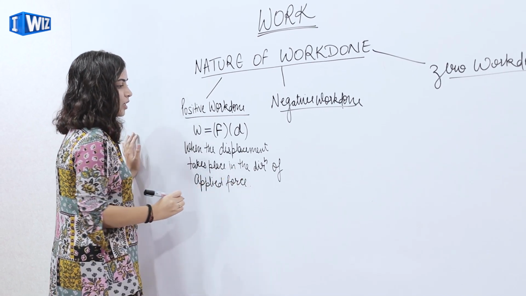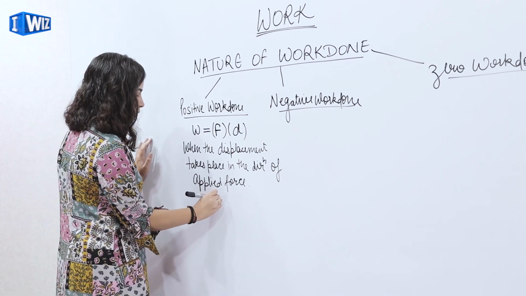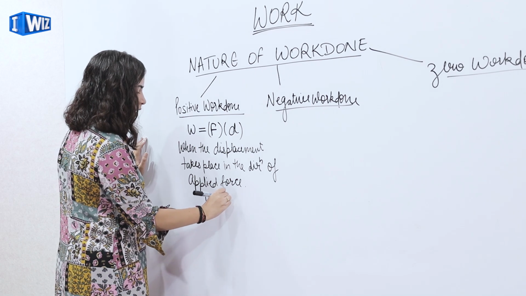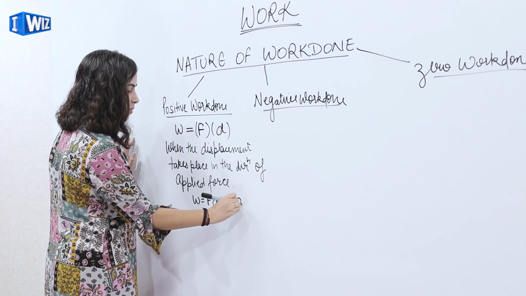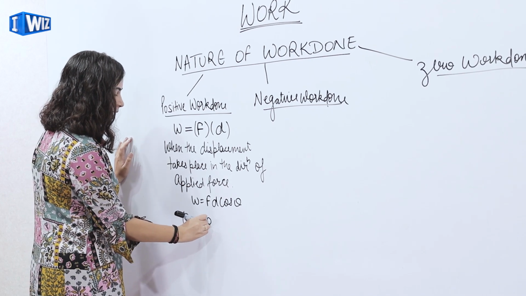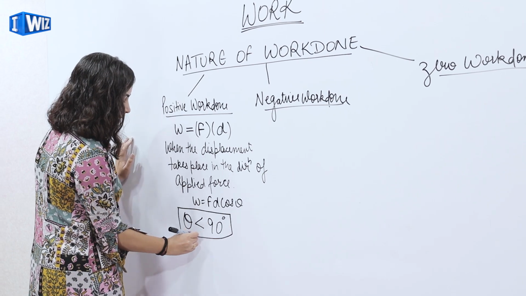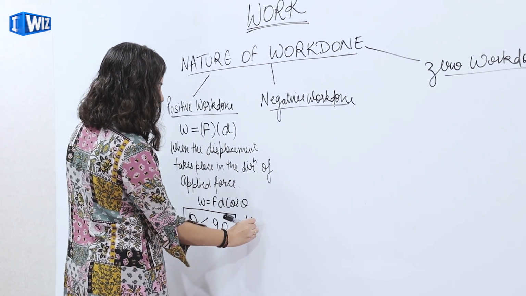In this case, work done will be positive. Or we have work done is equal to Fd cos theta. For theta less than 90 degrees, my work done will be positive.